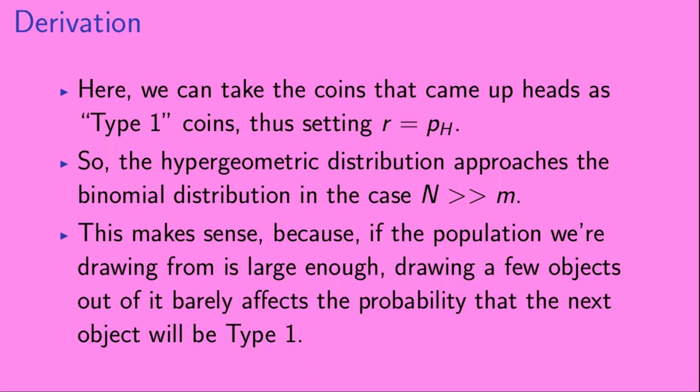So the hypergeometric distribution approaches the binomial distribution in the case that n is much larger than m. This makes sense because if the population we're drawing from is large enough, drawing a few objects out of it barely affects the probability that the next object will be type 1.